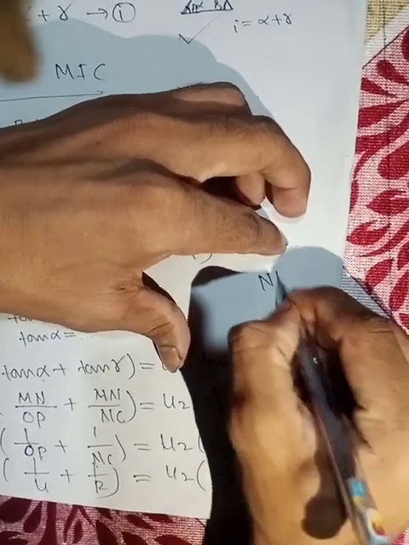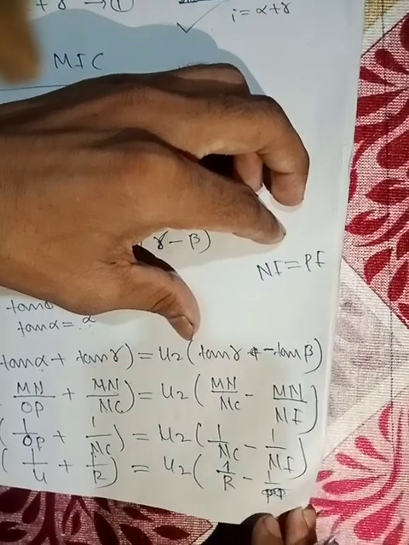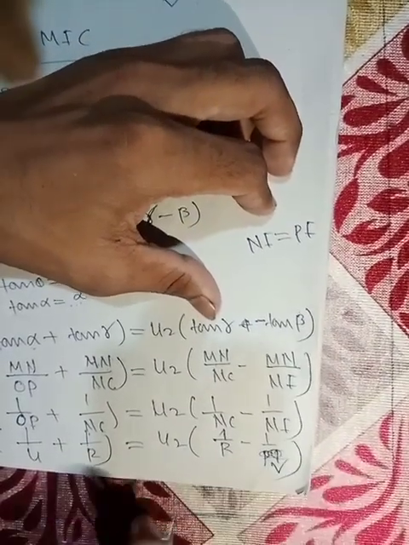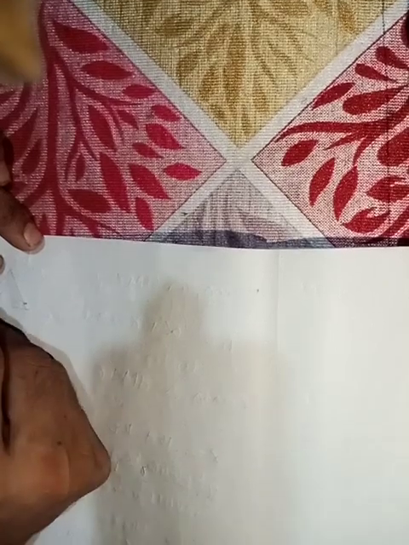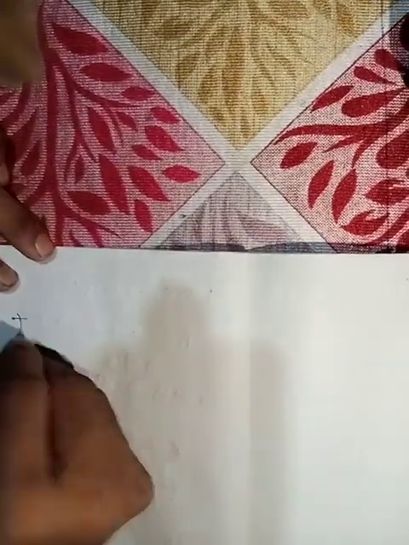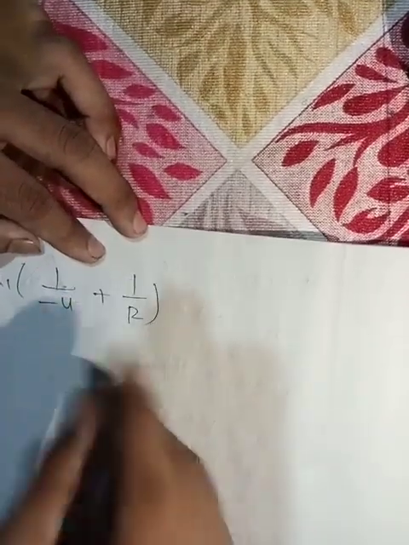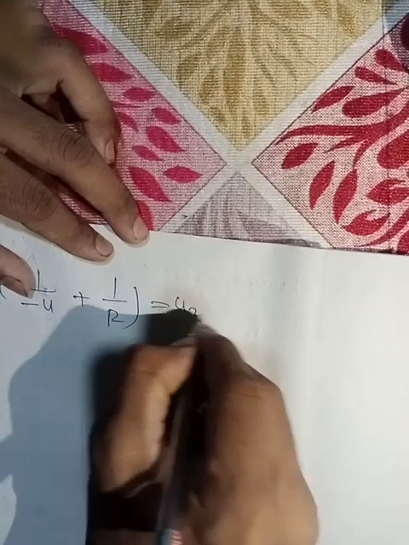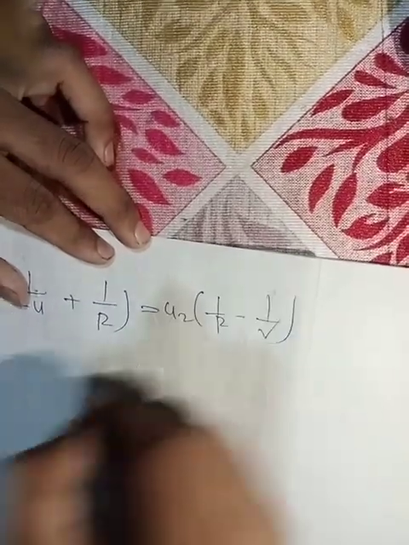NI is equal to PI, so it is nearly equal to V. So you can write mu1 (1 by u plus 1 by R) equal to mu2 (1 by R minus 1 by V).